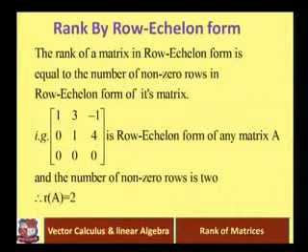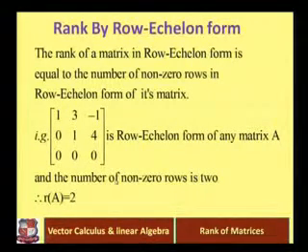For example, 1 1 3 minus 1, 0 1 4, 0 0 0 is the row echelon form of a 3 by 3 matrix A. Observe that the row echelon form of the matrix A is 1 3 minus 1, 0 1 4, 0 0 0, and the non-zero rows are 1 3 minus 1 and 0 1 4.